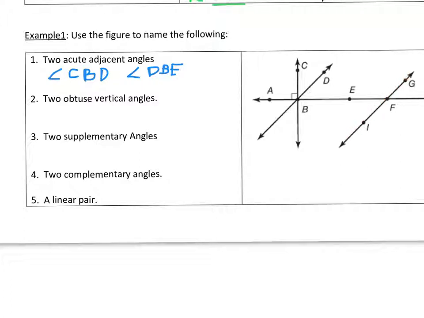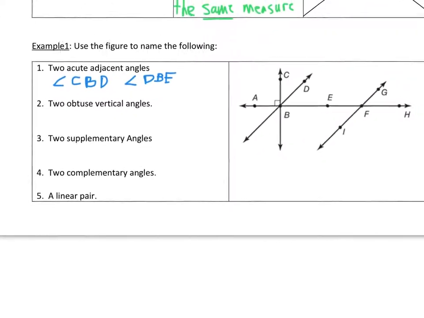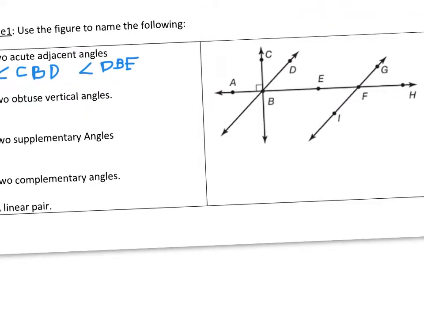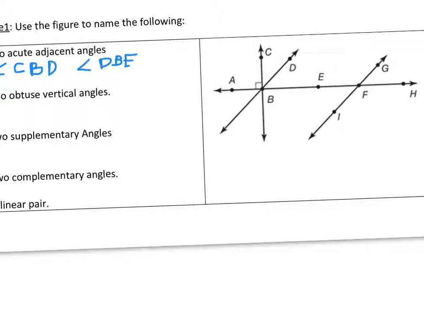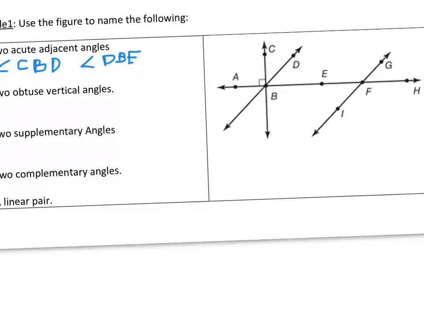So we've got a set of vertical angles here: EFG, and we've also got I, F, and H. Okay, I, F, and H.